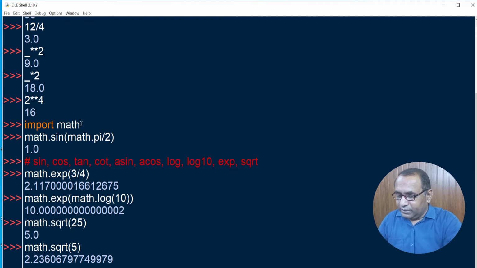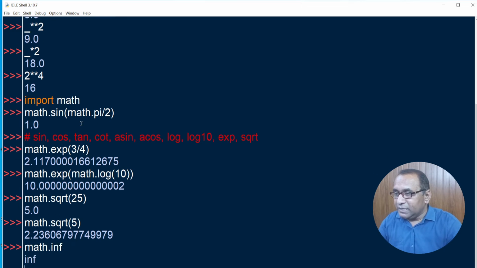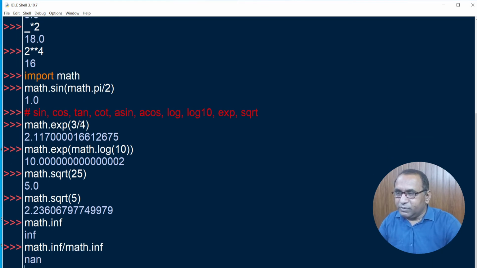If we have math dot inf, this statement is used for infinity. When you enter, inf is the symbol for infinity. We know math dot inf, and if we divide it by infinity, then infinity upon infinity is an indeterminate form, and nan means not a number.